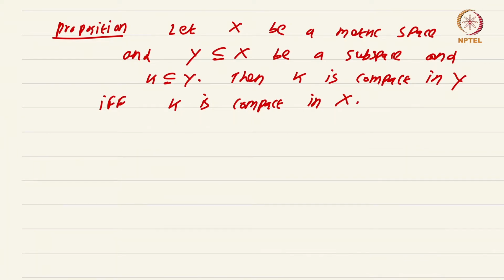It's going to be compact irrespective of which metric space you are considering K as a subset of. Now this is one of those scenarios where the proof is significantly easier than what you might first think.